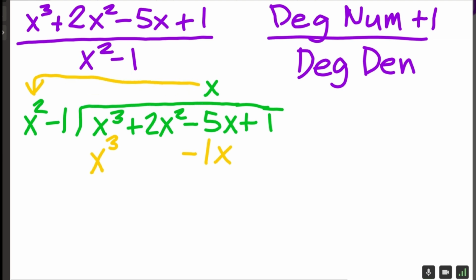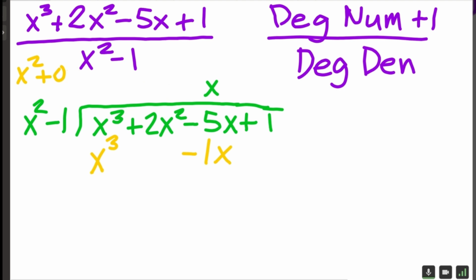So what do we do with this term here? Technically, within this we'd have x squared plus 0x minus 1, right? We could write that down if we wanted to, or have it understood in our mind. So we have a 0x in there.